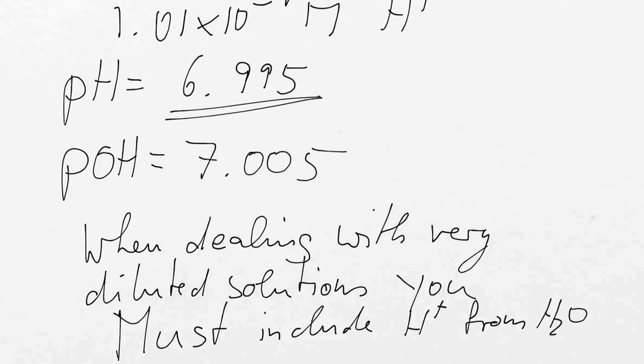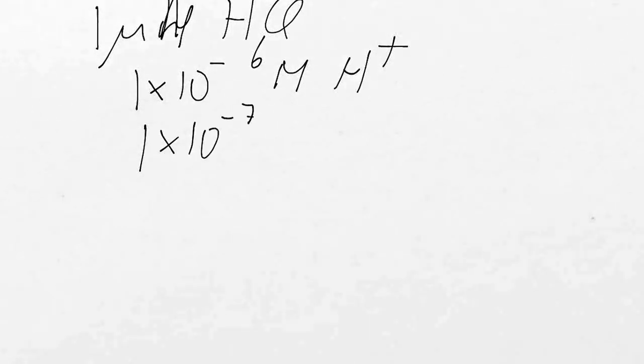At what point? That's a very good question. You can figure that out yourself. Let's say you have a 1 micromolar solution of HCl. So here you have 1 times 10 to the minus, what is micro? Minus 6 molar protons from the acid, and 1 times 10 to the minus 7 molar from the water.